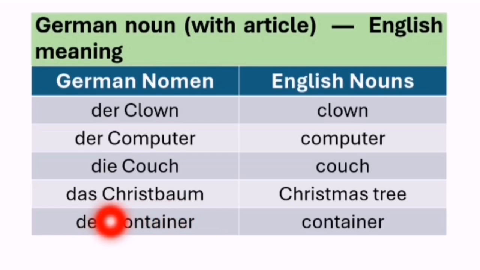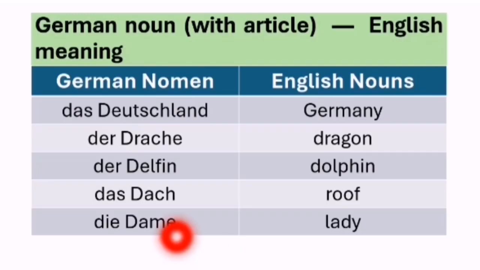Das Christbaum, Christmas tree. Der Container, container. Das Deutschland, Germany. Der Drache, dragon. Der Delfin, dolphin. Das Dach, roof. Die Dame, lady.